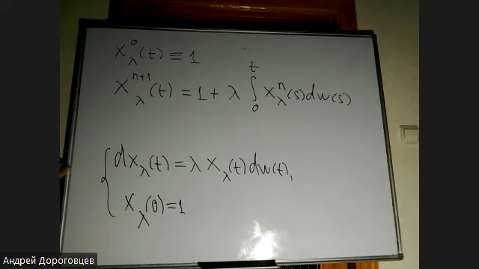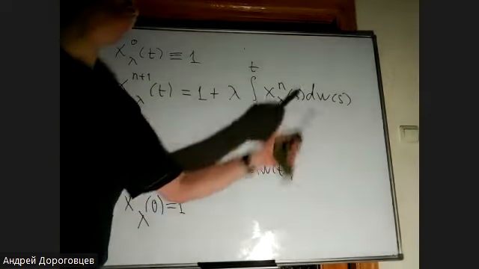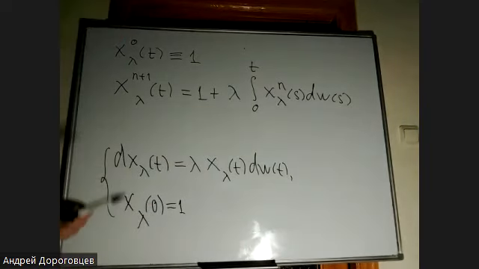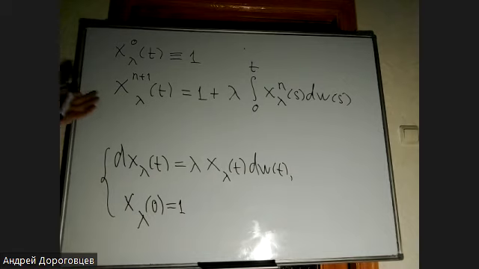I just insist that everywhere here we have the Ito integral. Then let us see the precise form of this successive iteration, how it looks.